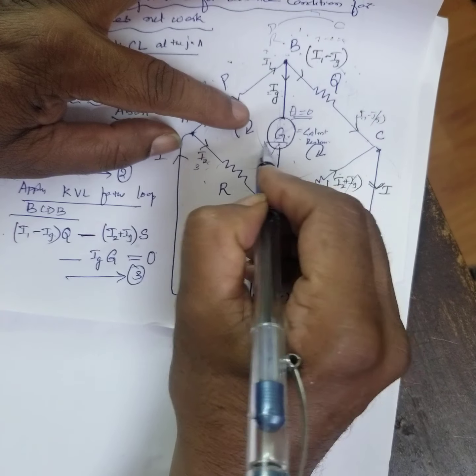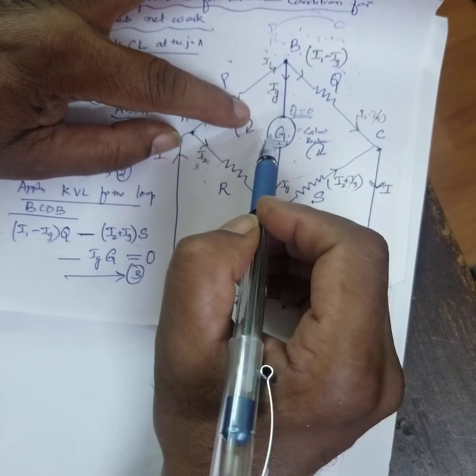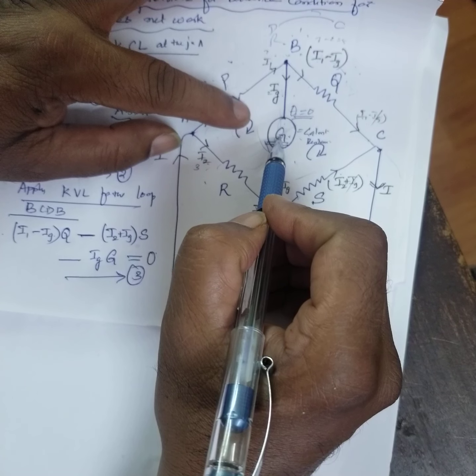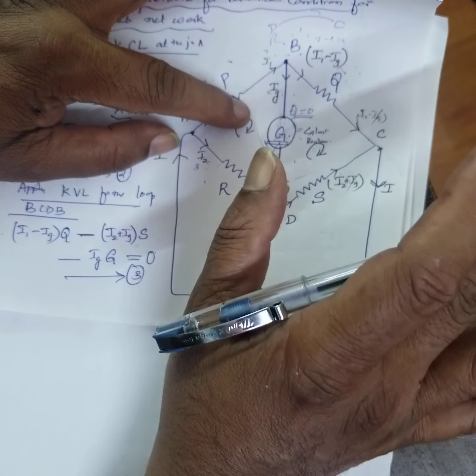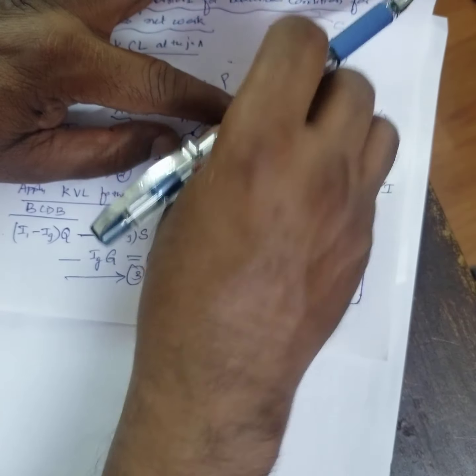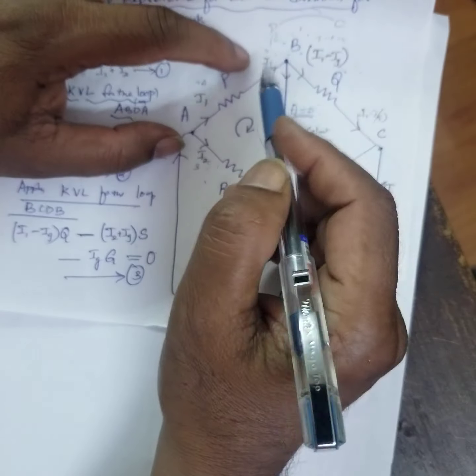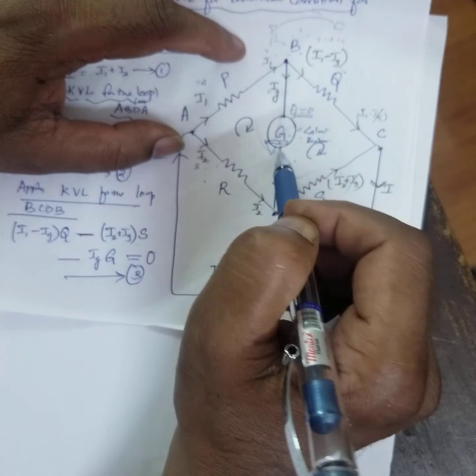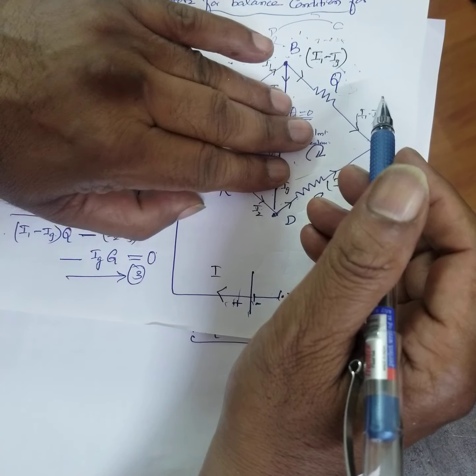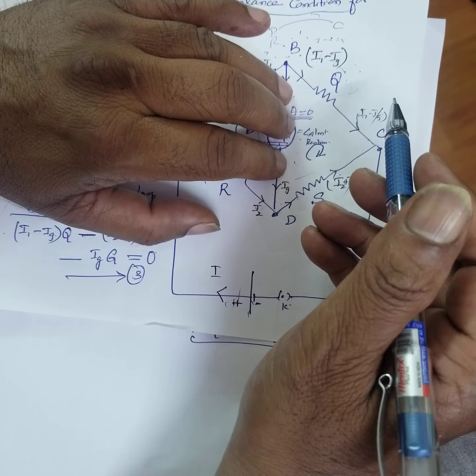Suppose I put any value for the galvanometer, nothing will happen. If you remove the galvanometer, nothing, because the balancing condition is that no current flows. When no current flows, it is immaterial.